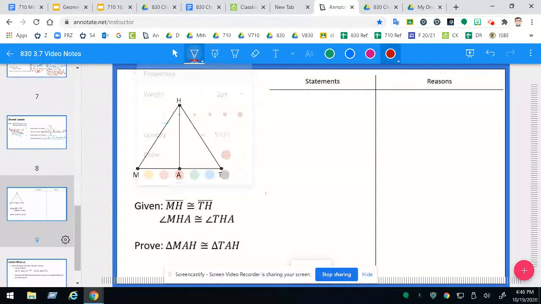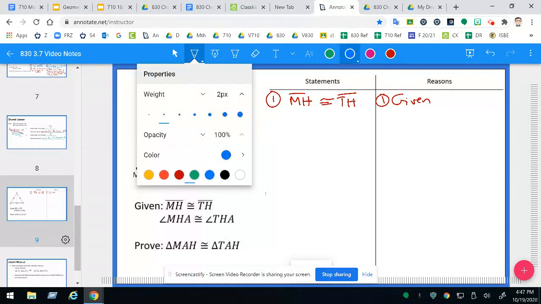Okay, so looking at our two givens first, we have that segment MH is congruent to segment TH. And we're, of course, marking that up as we go. There's our two congruent segments.